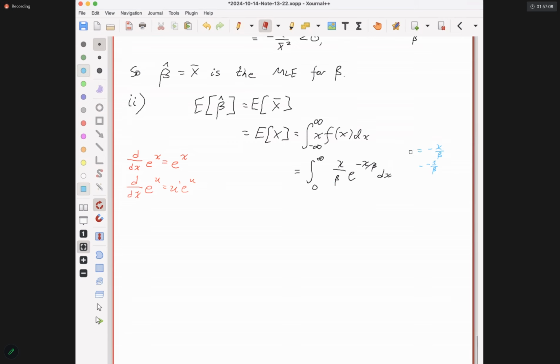So yeah, we'll still use what we had in red, but we'll do integration by parts. And for integration by parts, the way we can write this is that the integral of u dv is equal to uv minus the integral of v du.